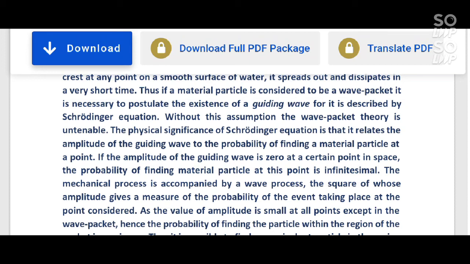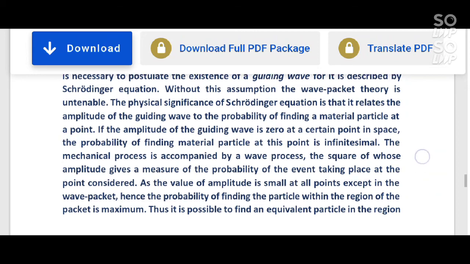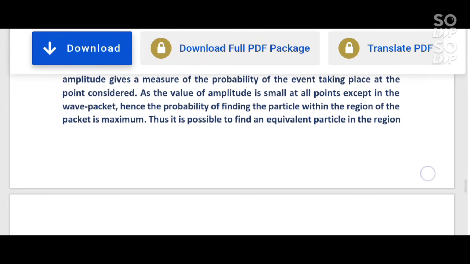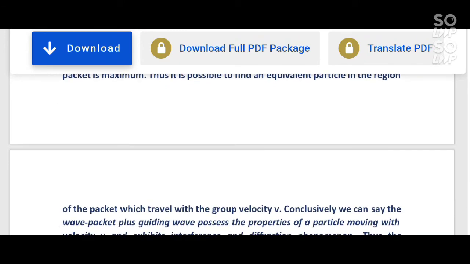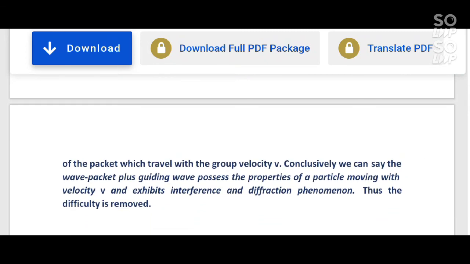As the value of amplitude is small at all points except in the wave packet, the probability of finding the particle within the region of the packet is maximum. Thus, it is possible to find an equivalent particle in the region of the wave packet which travels with the group velocity v.